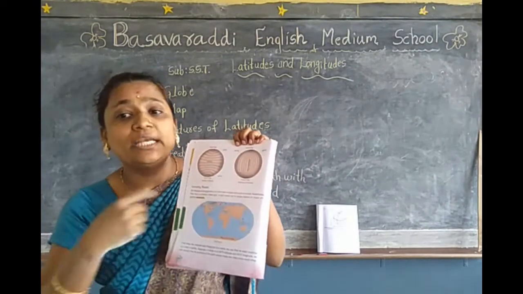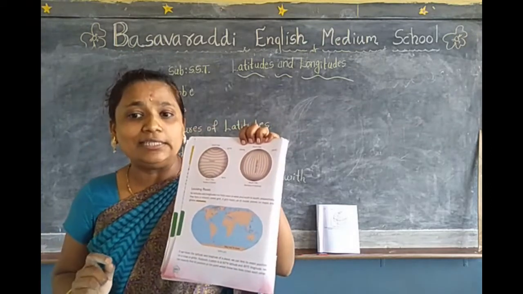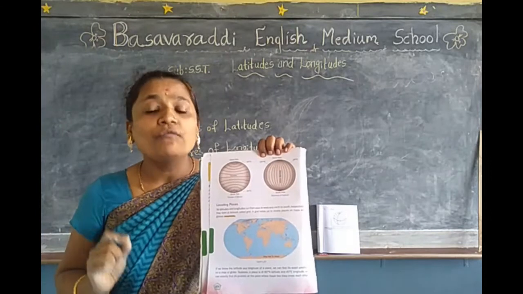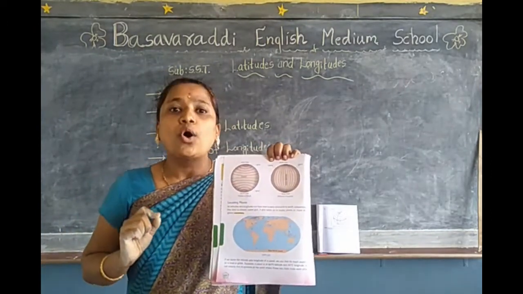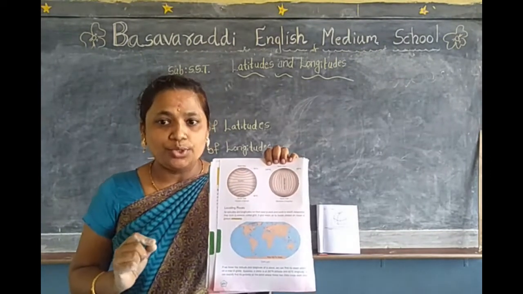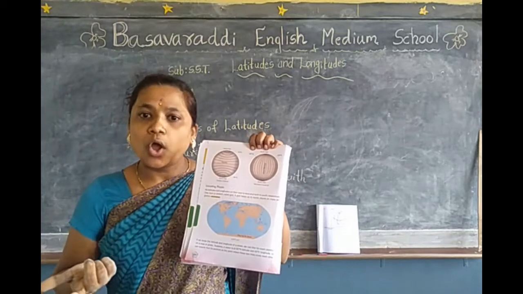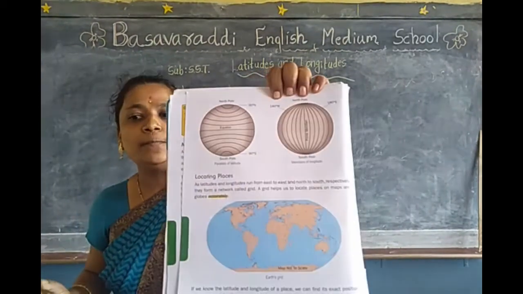I repeat it once. There is a village in London known as Greenwich, through which runs a specific meridian of longitude known as the Greenwich Meridian or the prime meridian.